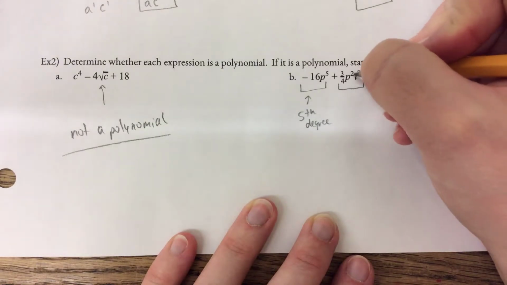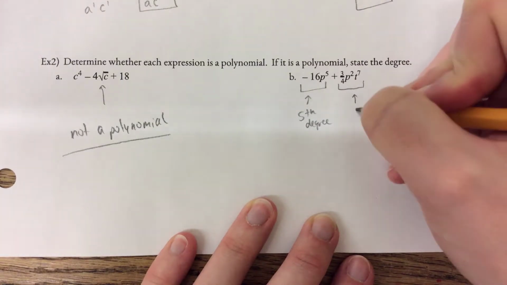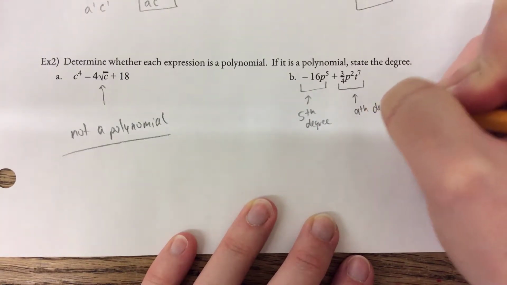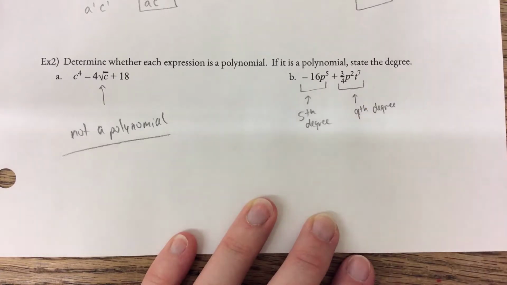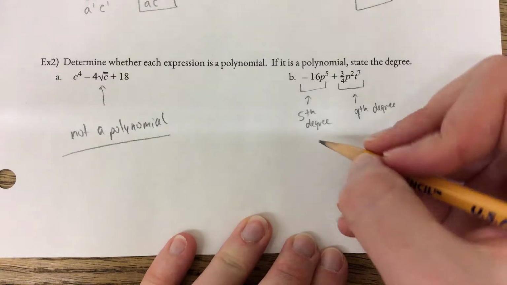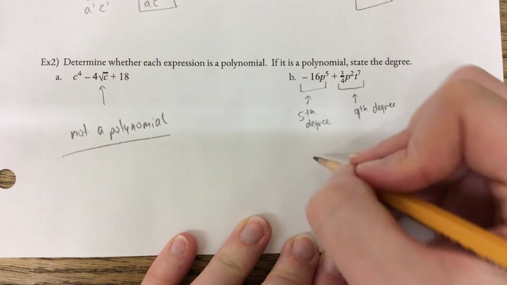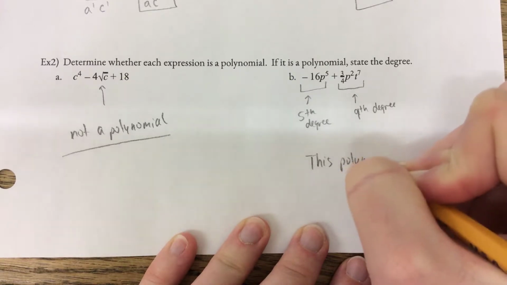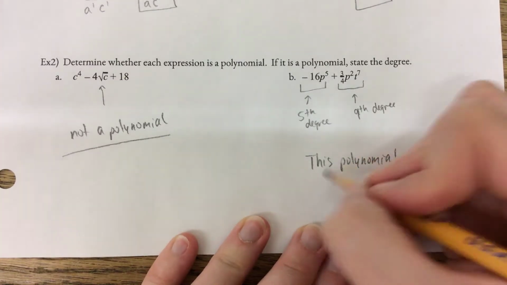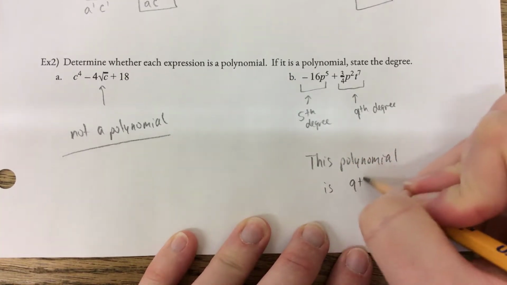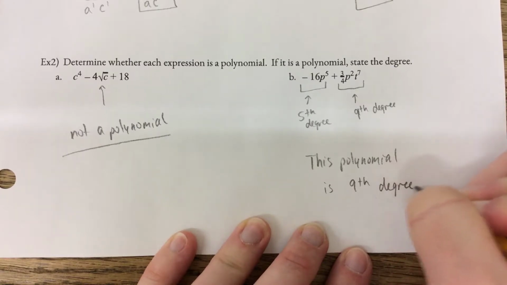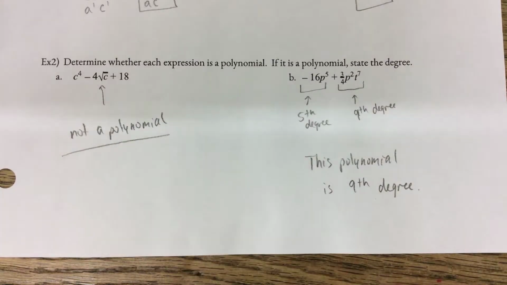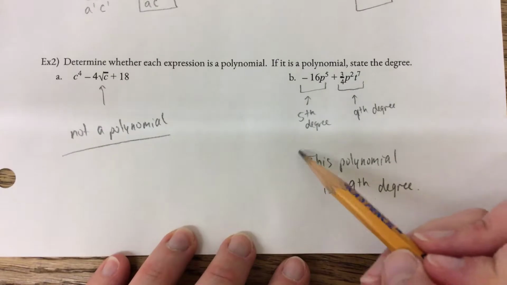Here I have 7 and 2, so this is a 9th degree. The degree of the whole polynomial is whichever one is the highest. So this whole polynomial is 9th degree. It's whichever the highest degree is of each of the monomials that are in there.